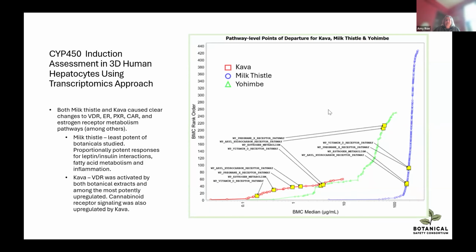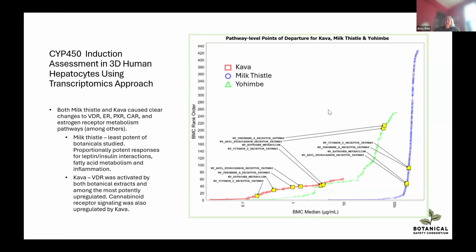Both milk thistle and kava cause clear changes in some of those genes that he was looking at. Milk thistle, in blue there on the far right-hand side, obviously was the least potent of the botanicals that we looked at. That is as expected. And then kava was the most potent, as you can see in red.